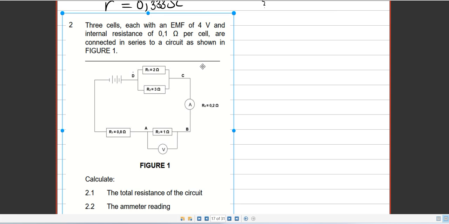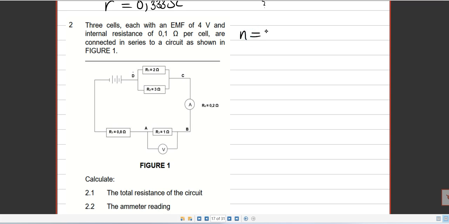So for this one, it reads as follows. It says 3 cells, so we have number of cells 3, each with an EMF of 4 volts and an internal resistance, small r, of 0,1 ohm per cell, connected in series.